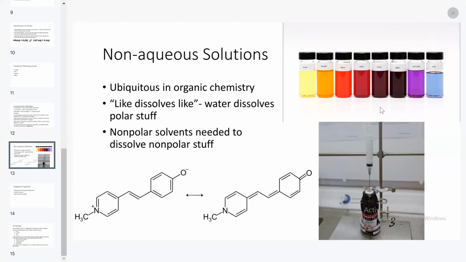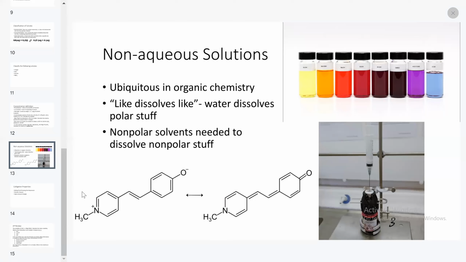I wanted to demonstrate this polarity. I found this nice picture. We have a compound here called Brooker's merocyanine, and it exists in a resonance between two different structures. As you can see, one of the structures exhibits these charges, and the other structure does not have those charges.